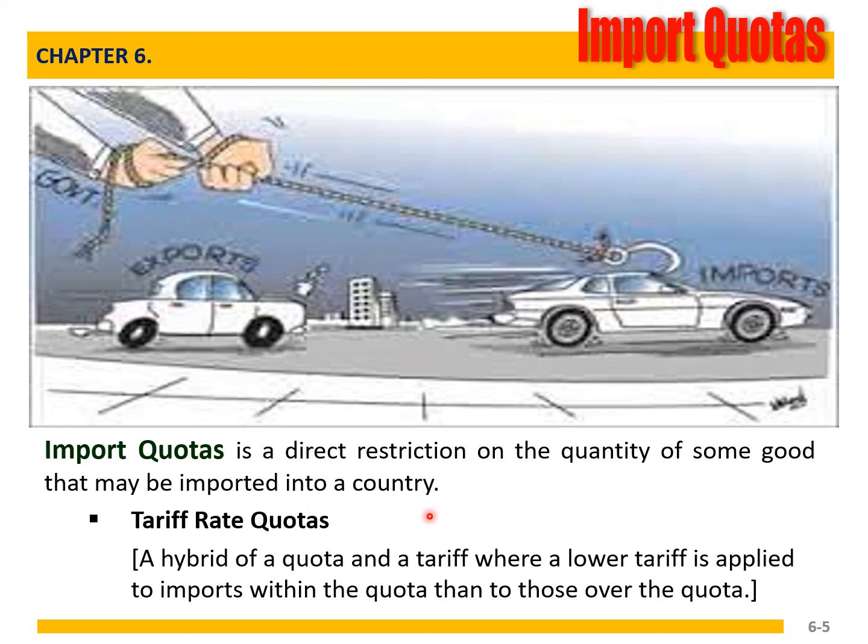Tariff rate quotas apply a lower tariff rate to imports within the quota than to those over the quota. For example, Japan used a combination of a tariff rate quota and subsidy to protect inefficient Japanese wheat farmers from foreign competition.